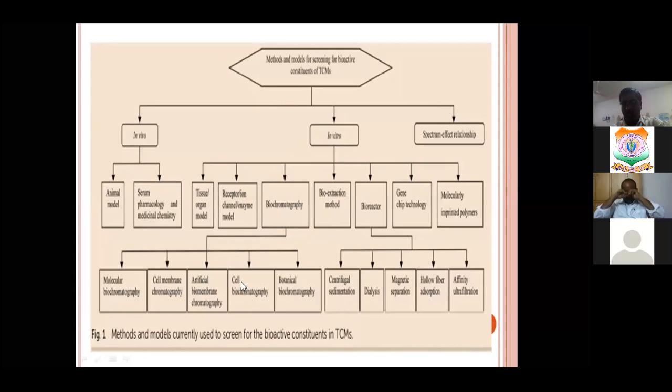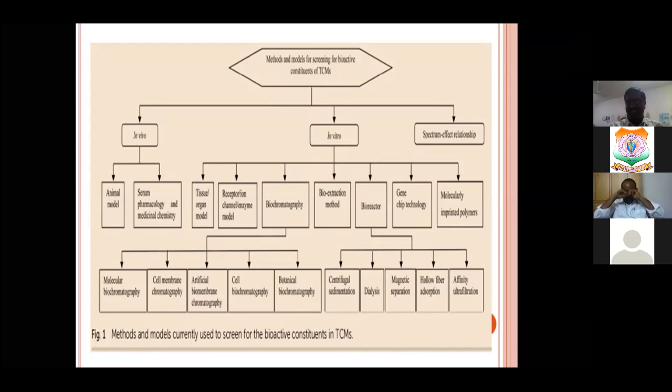Like this, they use so many models and methods. Whichever research papers I came across in preparing my slides, all of that research uses this technology. Most of the researchers are from China. They are very good at using this technology to identify the active constituents as well as the mechanism of action using modern pharmacological techniques.